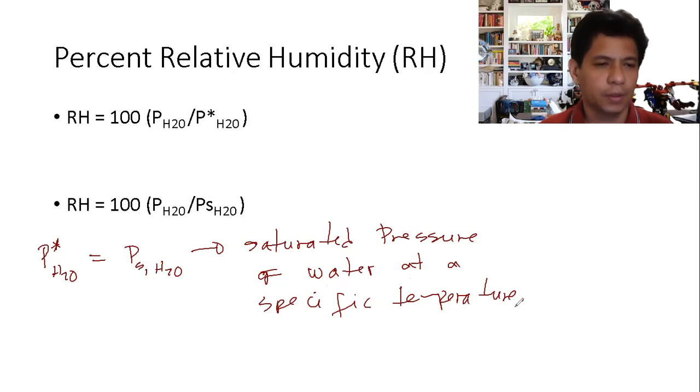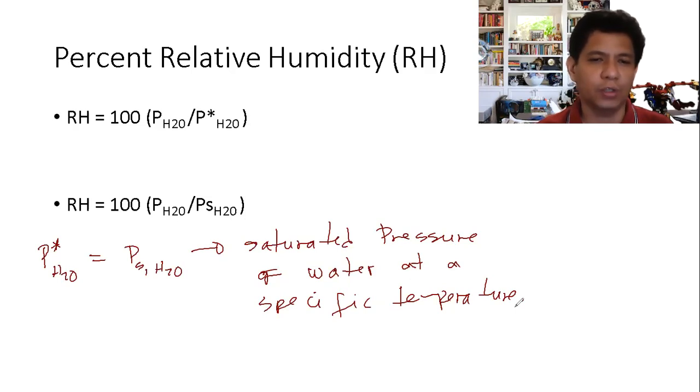So you can get this P star H2O and PSH2O using a steam table. I'm going to send you a scanned copy of the steam table from Banes. But if you have your handbook, you can use the steam table in the handbook.